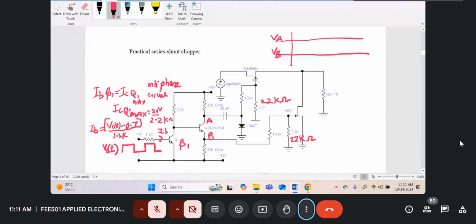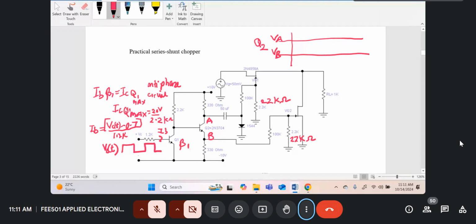Okay, so let's assume that the transistor Q2 is on. If Q2 is on, what is the voltage at A? What's the voltage at B? When Q2 is on, the emitter and the collector are like a short circuit.